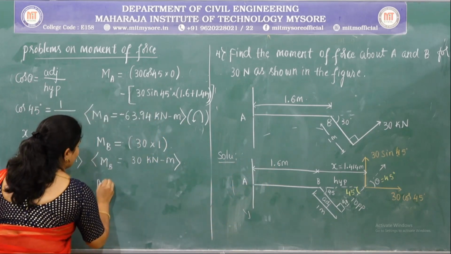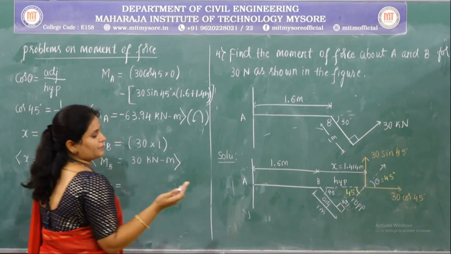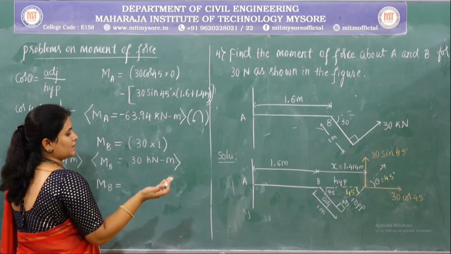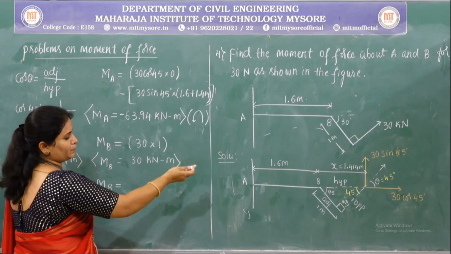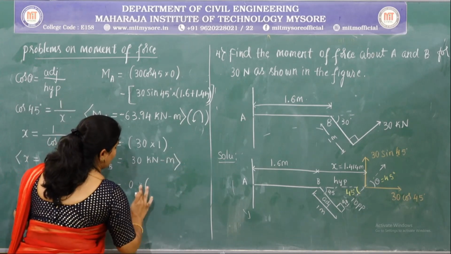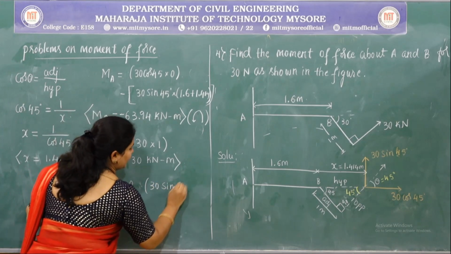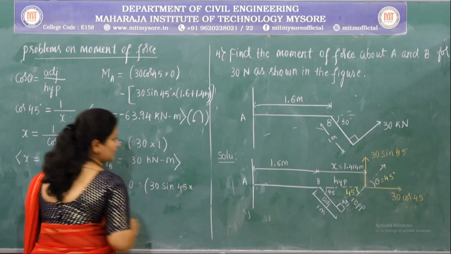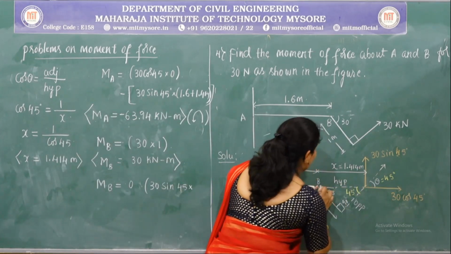About point B, again the 30 cos 45, the x component, is producing a moment of 0 because the line of action of the force and the point are in the same line. Let us directly consider the y component, that is 30 sine 45, and the perpendicular distance between the line of action of the force and the point.